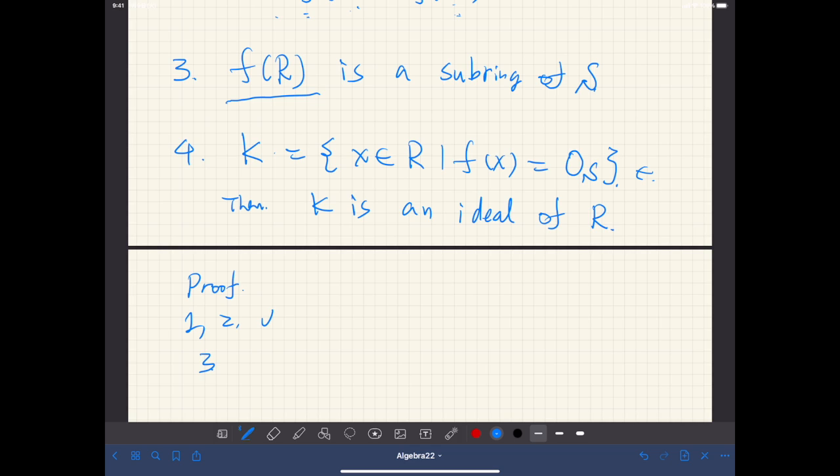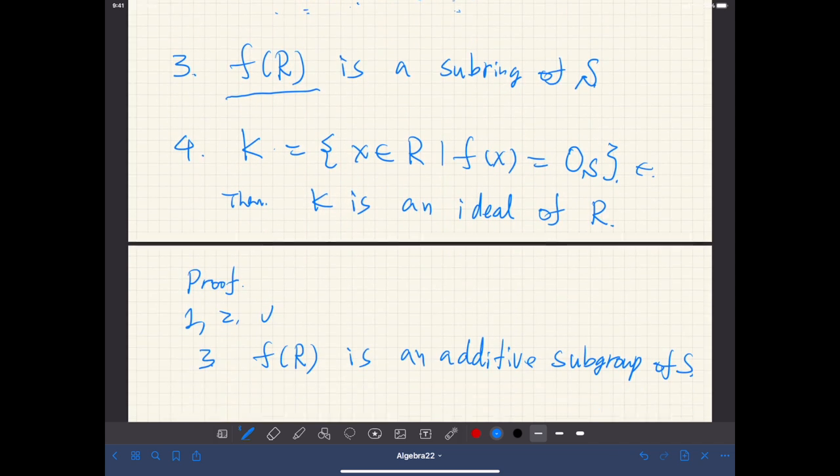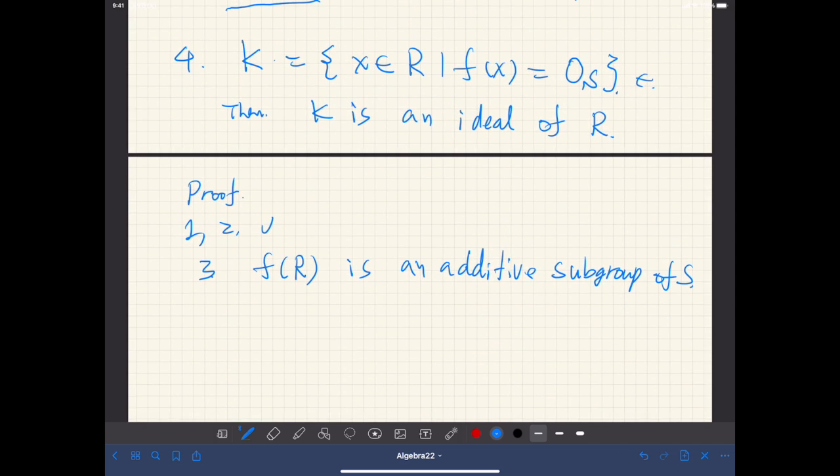And 3, f of R is an additive subgroup of S, because a ring homomorphism is a group homomorphism with respect to the addition, so this is okay. And to show that this is indeed a subring, we need to show the closure condition for the multiplication.